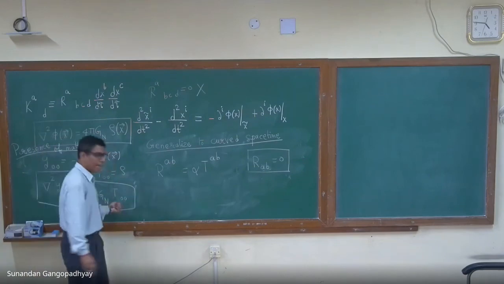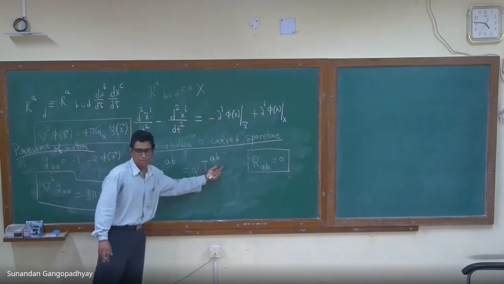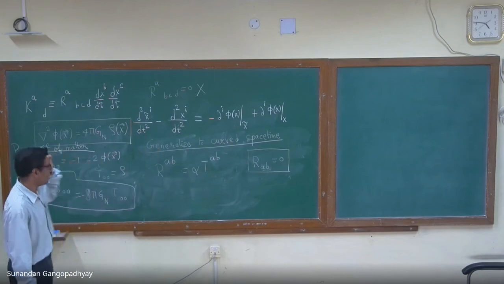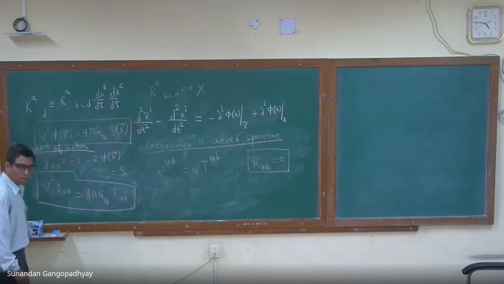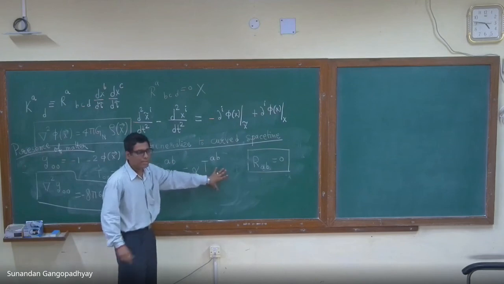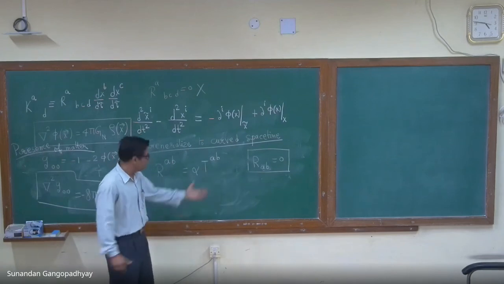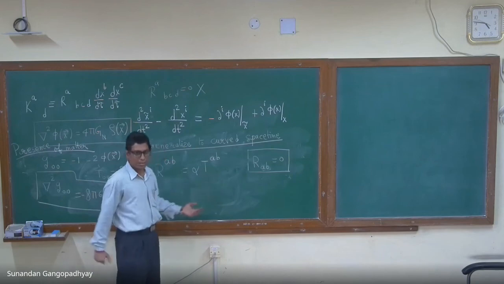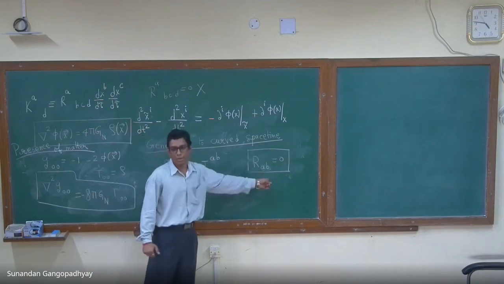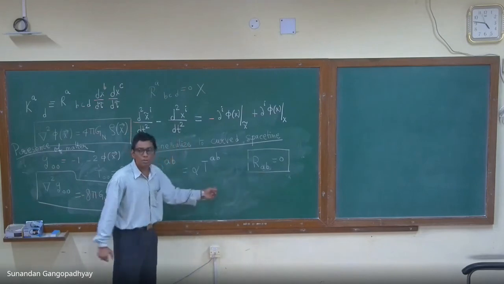So the right hand side, at least, should be T_ab. All the time components and spatial components, everything should come. And also, if this is zero, if it is in empty space, then you should get R_ab equal to 0, and R_ab equal to 0 is the equation for empty space. This is quite plausible.